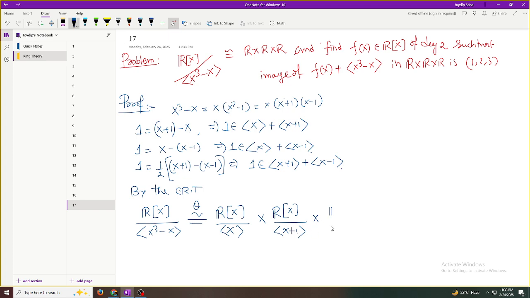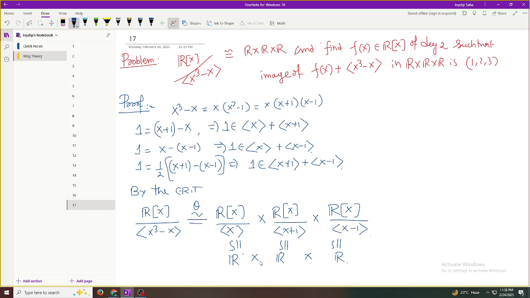I should write plus 1 after that, minus 1, no matter. And that is isomorphic to R, that is isomorphic to again R, that is isomorphic to again R.